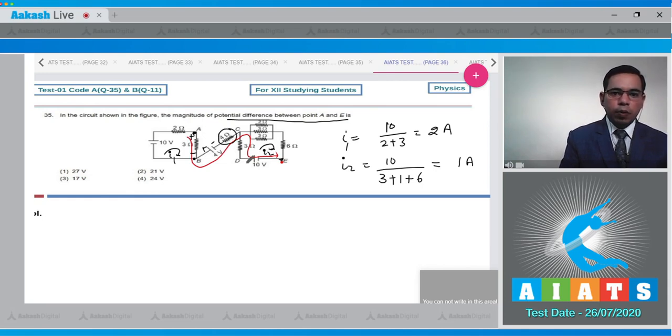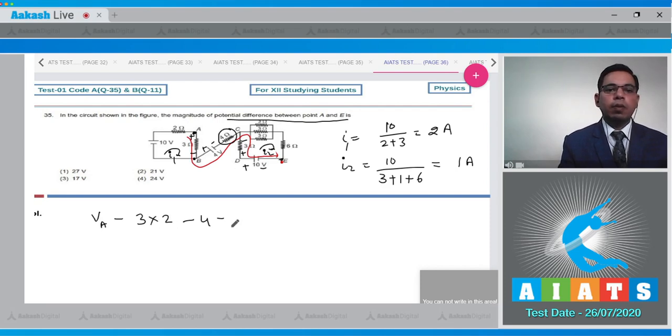Here current is flowing in this direction, so here will be negative and here positive, and we get to point E. Now just follow KVL from point A to A: VA minus 3 into 2, minus 4, plus 3 into 1, minus 10, equal to VE. After solving we get VA minus VE equal to 17 volt. That means option number 3 will be the correct answer.